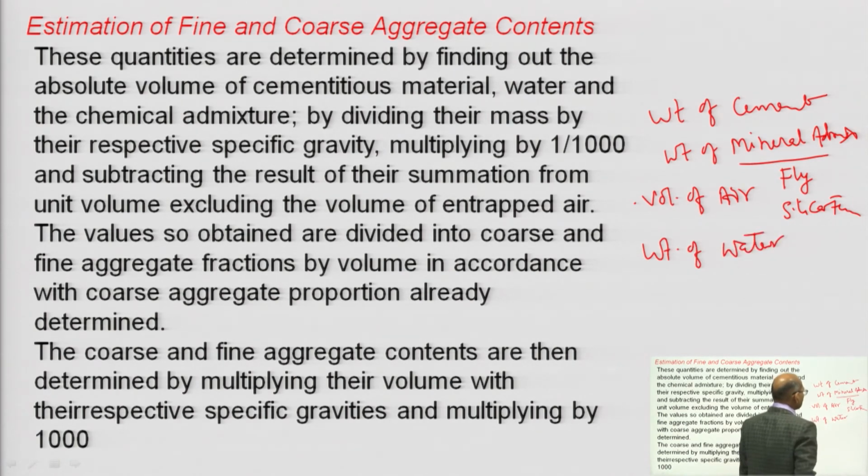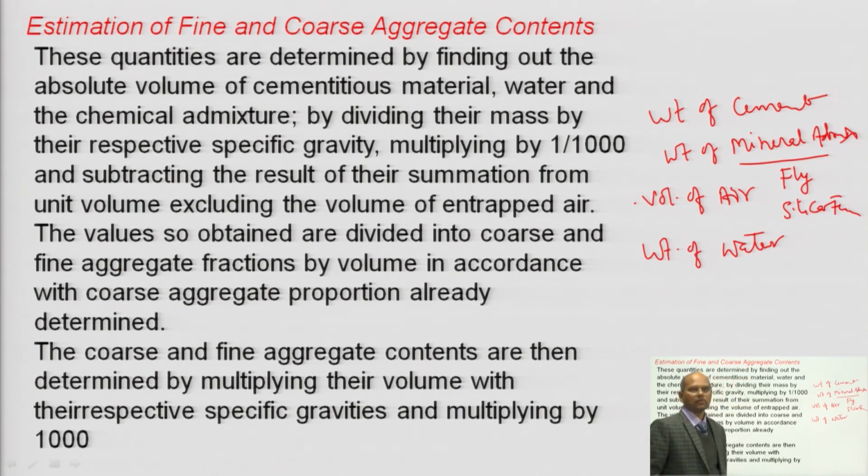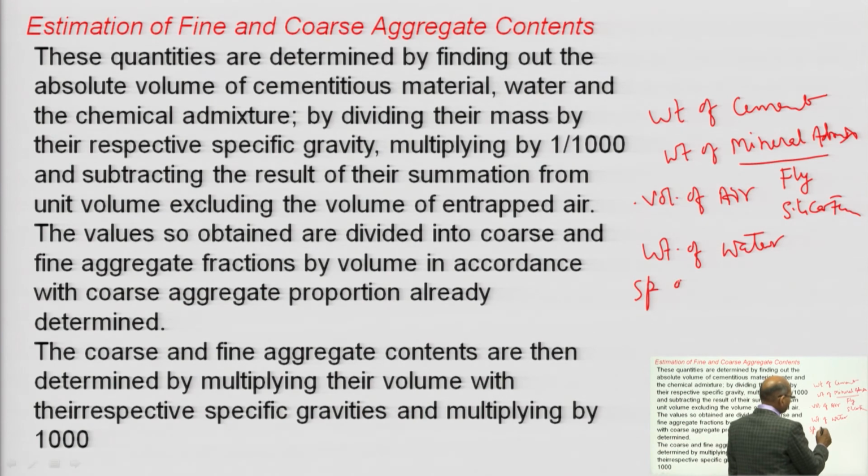Okay. So, now we have to convert this into volume, because we have calculated the specific gravity by experimentation. So, the specific gravity of cement is known, of mineral admixture is known, of water is known, of chemical admixture is known. So, all these things are known. So, based on that you can calculate the volume of the other materials.